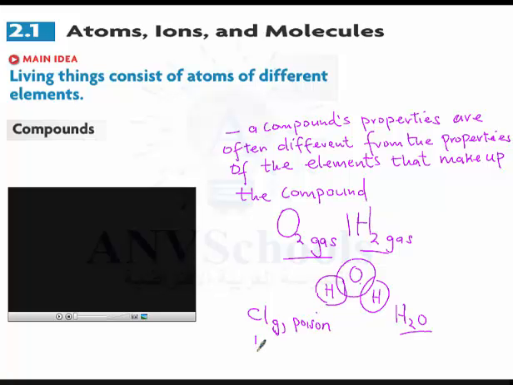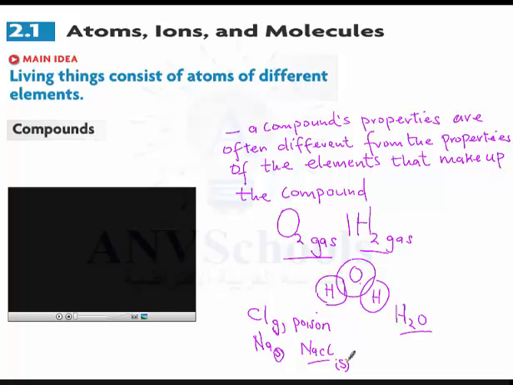But when chlorine is together with sodium, which is a solid, it forms solid sodium chloride, which is the table salt that we use in our food.